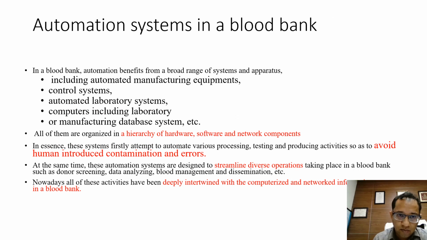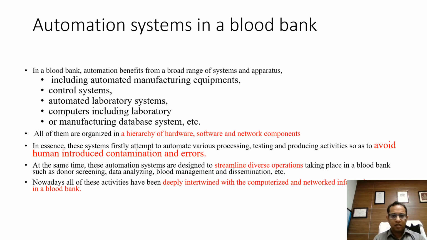Coming to automated systems, which are very important for integrating with the BBIS. Otherwise, we are not truly automated. They range from a broad range of systems and apparatus, including automated manufacturing equipment, control systems, automated laboratory systems, computers, including laboratory and manufacturing data systems. All of them are organized in a hierarchy of hardware, software, and network components.